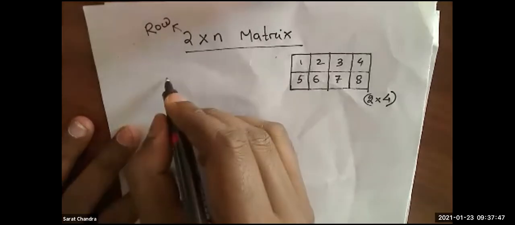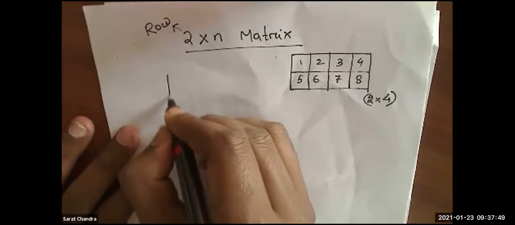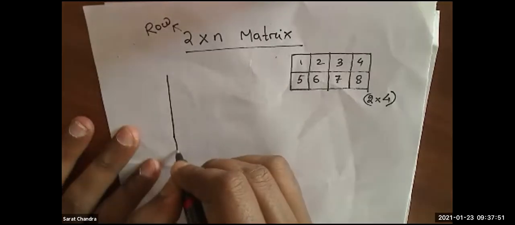So how to solve? On a graph paper you have to plot 2 vertical parallel lines like this. Then you have to number them.